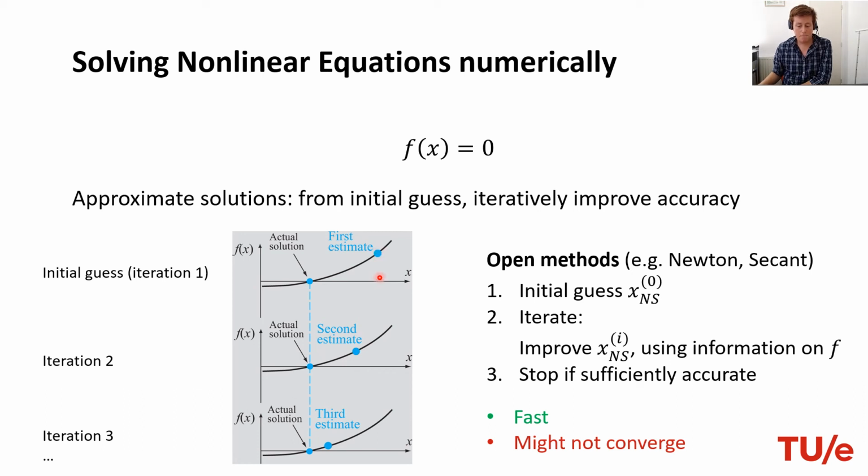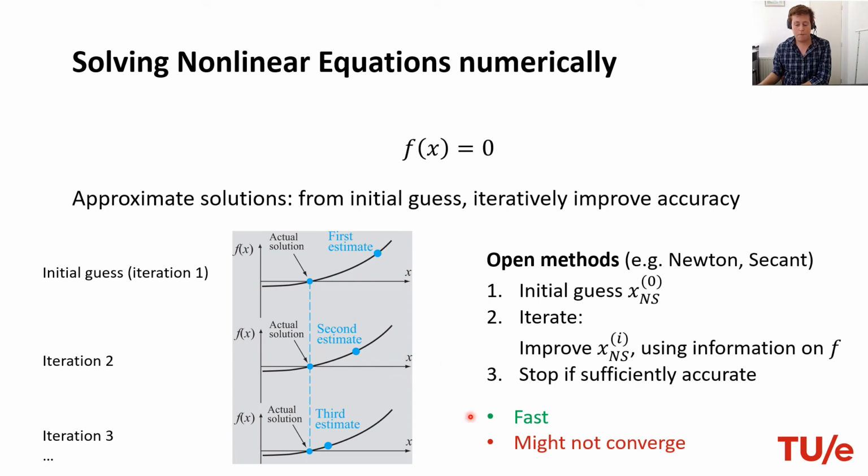We try to improve this estimate using information on f, and that can be the derivative, that can be certain function evaluations of f, and that is what distinguishes these different open methods from each other. Hopefully we start closing in on the actual solution in that case, and we again stop if the solution is sufficiently accurate.